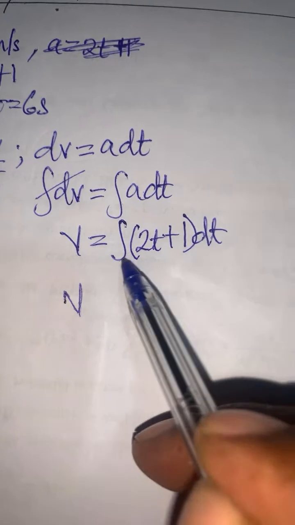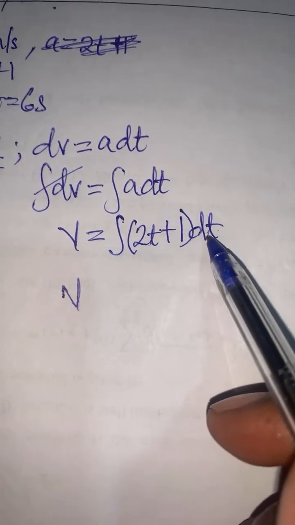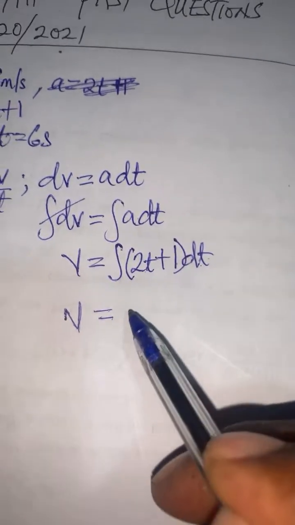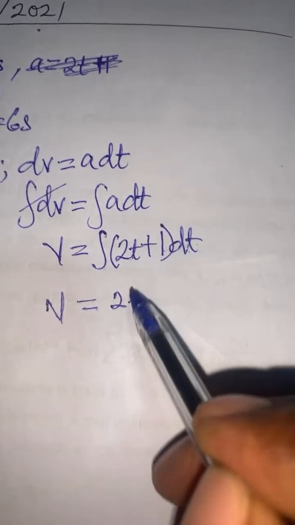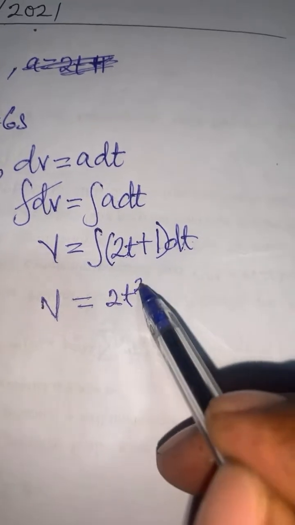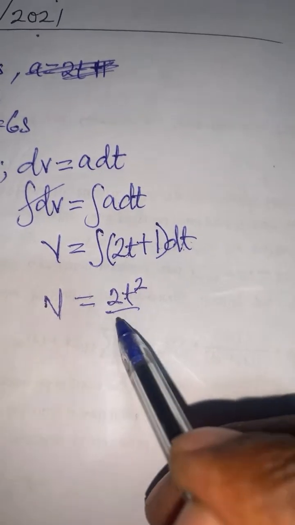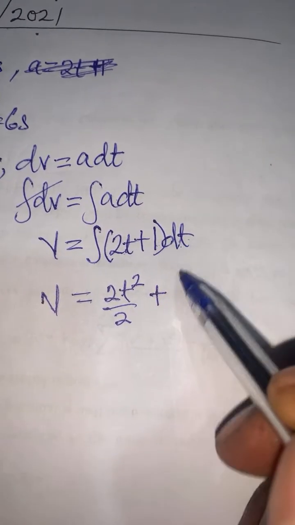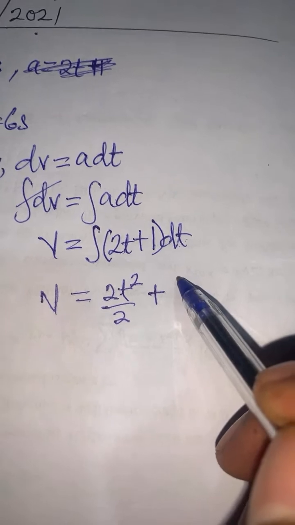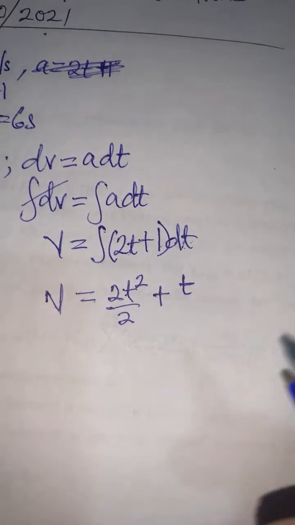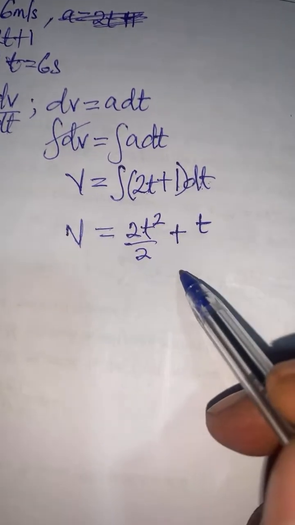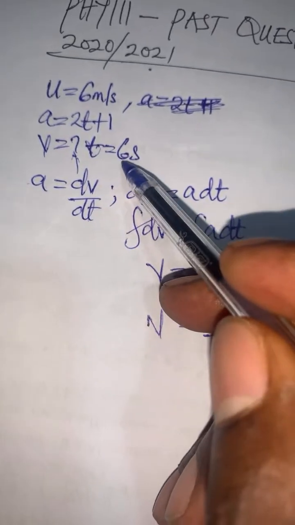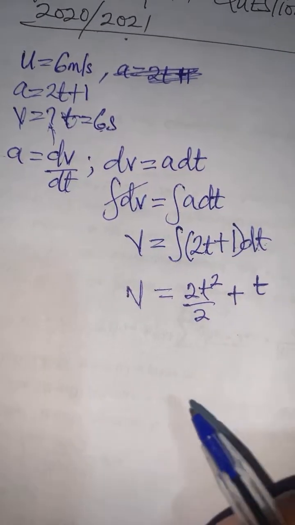So we need to integrate 2t with respect to t, and also integrate 1 with respect to t. Integration of 2t will give us 2t squared over 2, because it's going to be 1 plus 1 all over 2, plus integration of 1 with respect to t, which is just t. I hope you are aware of it. Remember that you are asked to do it at t equal to 6 seconds.